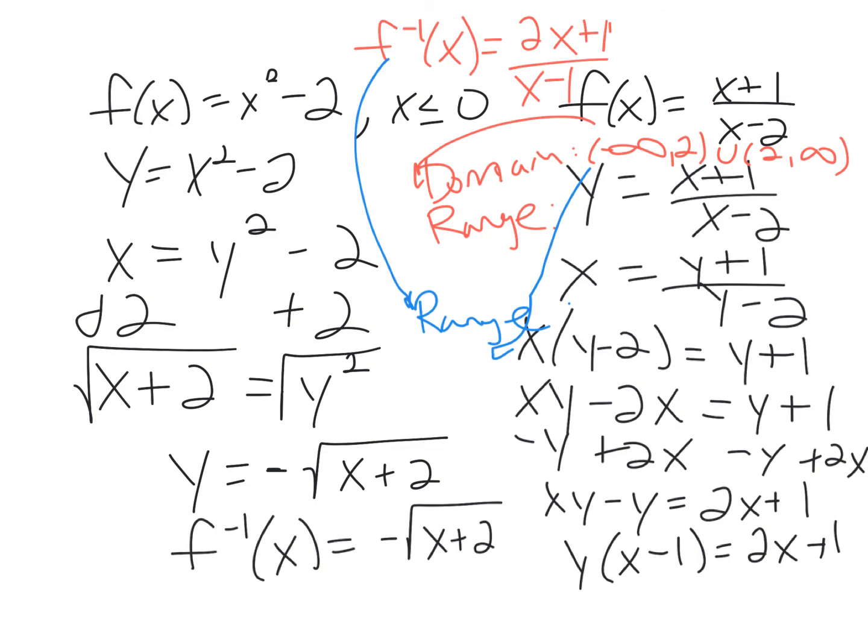So therefore, the range is negative infinity to 1 and 1 to infinity. Thus, this is the domain of the inverse function. So the domain would be the same thing.